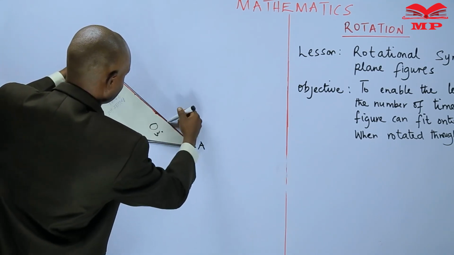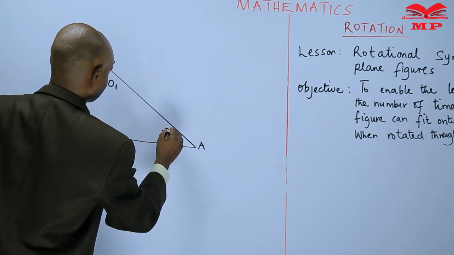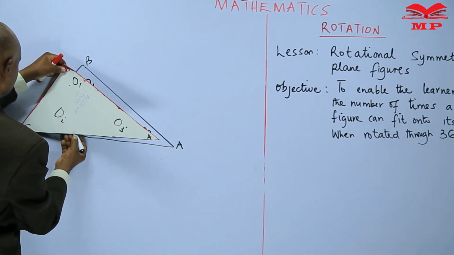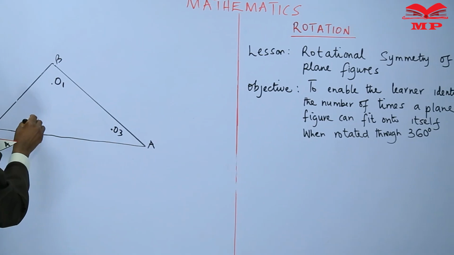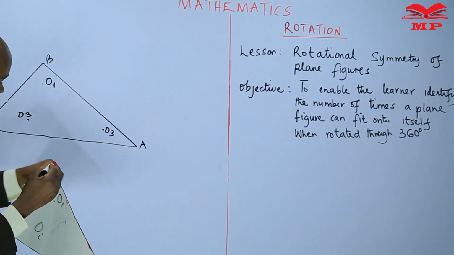Center 3, O3, is somewhere here. O2 is somewhere here. Those are the 3 centers.